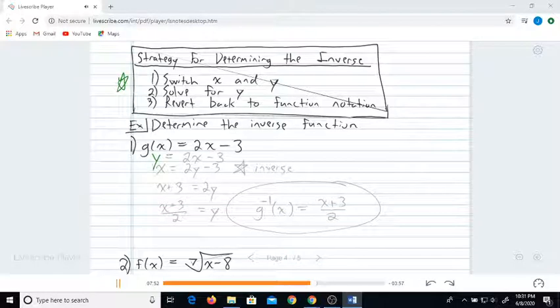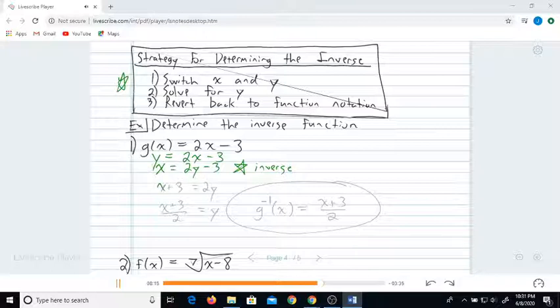We mentioned several lectures ago that function notation is interchangeable with y. We're going to go ahead and invert, so all your y values become x values and all your x values become y values. And there we have the inverse. We just have to put it in explicit form, which we talked about a few lectures ago. It's basically get y by itself.